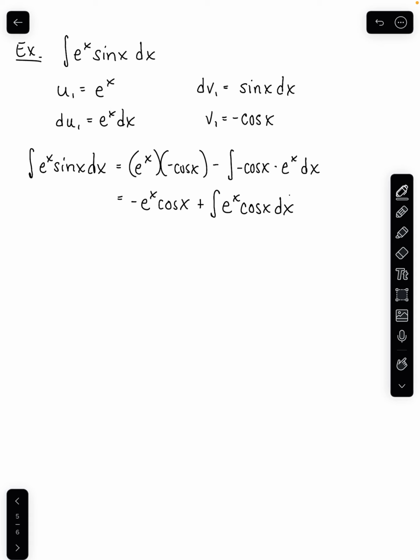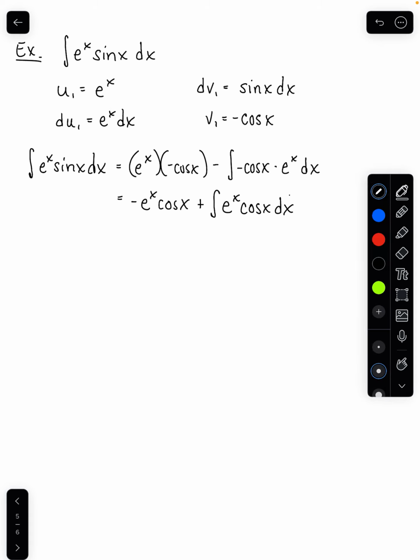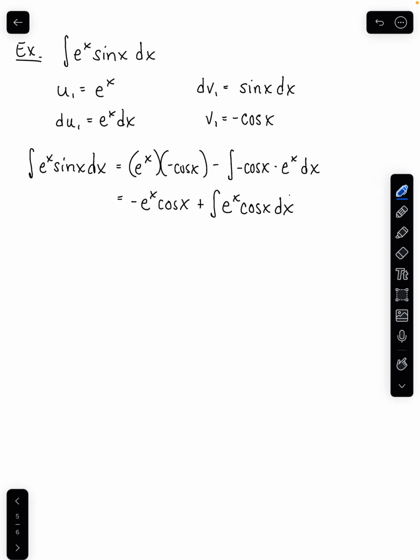I mean, at least in the last one, the power on the x dropped by 1, but we still had to do integration by parts a second time. That is certainly the case here. We ended up with an integral that still has a multiplication in it, so we need to do integration by parts a second time. So now we're going to take that out.